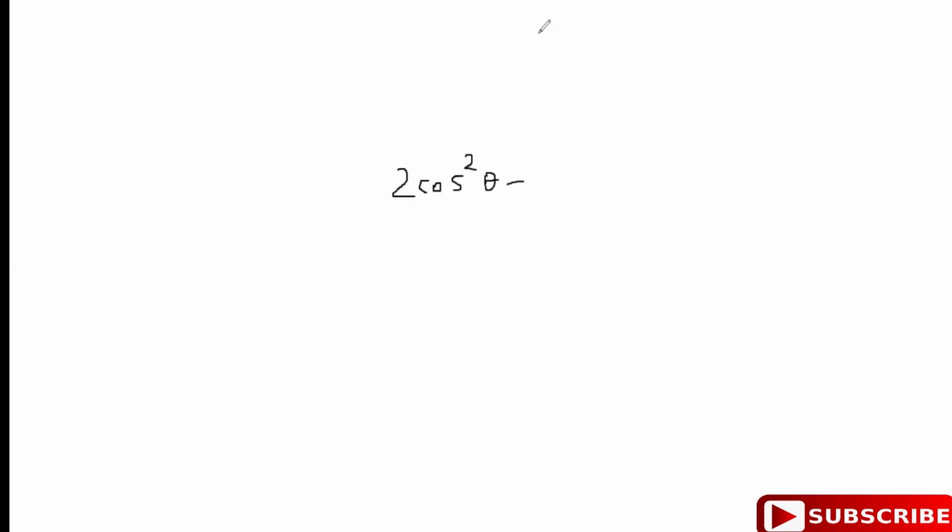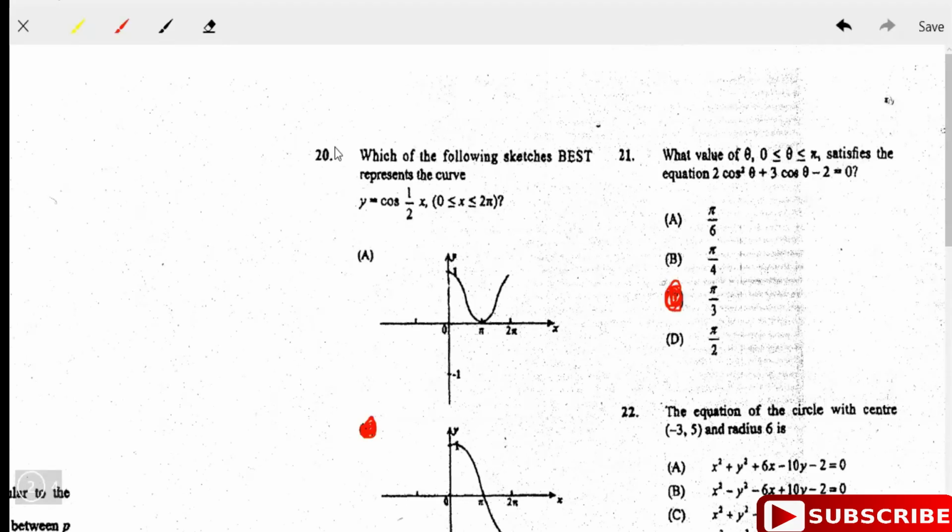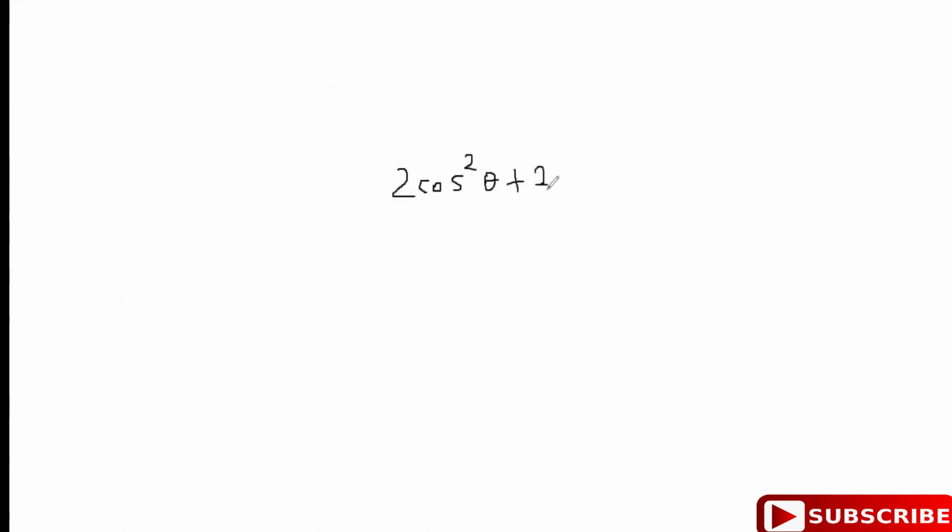And so we solve it like a trig equation because it is a trig equation. And so we use the factorization principle. So factorize it, set it equal to 0.